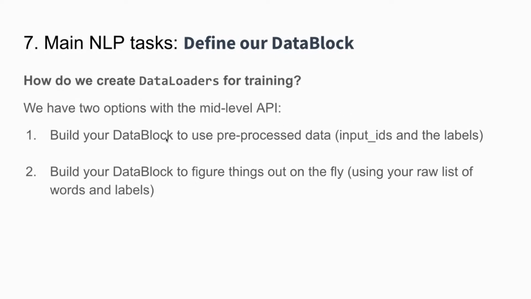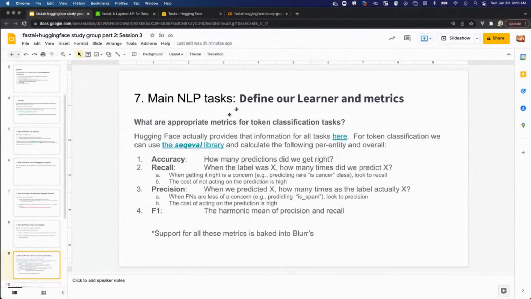We can go ahead and build our data block to use the pre-processed data, which we just created, which is our input IDs and modified labels, or we can use Blur as it has been traditionally built in version 1 to figure things out on the fly, which means that it's going to do the tokenization, create the input IDs and the appropriate labels at batch time. And so you have both approaches available to you depending on what you want to do.